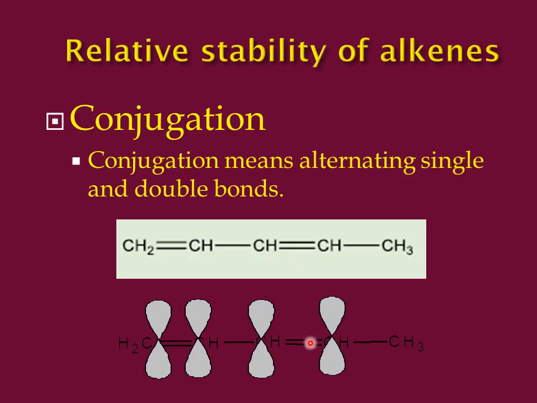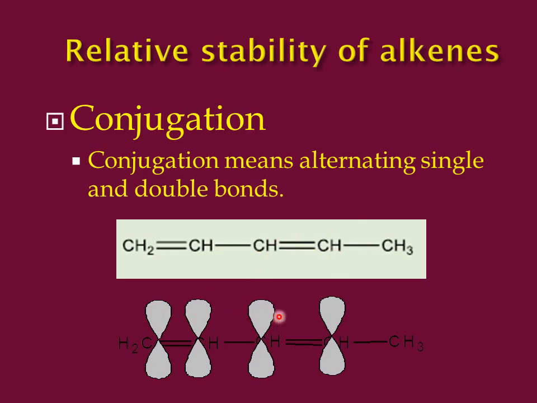If all these orbitals are coplanar, meaning they are present in the same plane, then there is a possibility that these two p orbitals might also overlap with each other. So whenever there are double bonds and single bonds in conjugation, meaning alternating positions, then this p system is extended throughout, providing stability to the molecule.